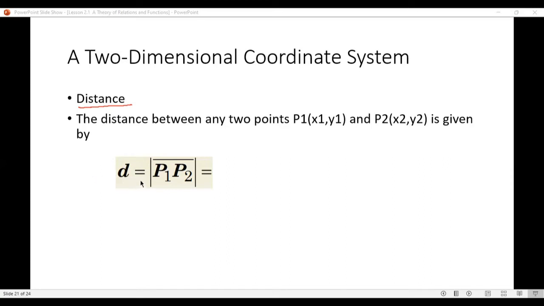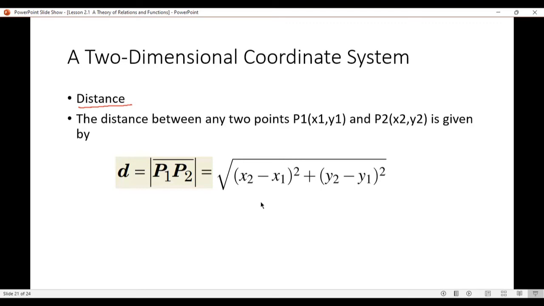So distance equals the absolute value of point 1 or P1 and point 2 or P2 of the line, which is the square root of quantity x sub 2 minus x sub 1 square plus quantity y sub 2 minus y sub 1 square. Distance formula naman to.